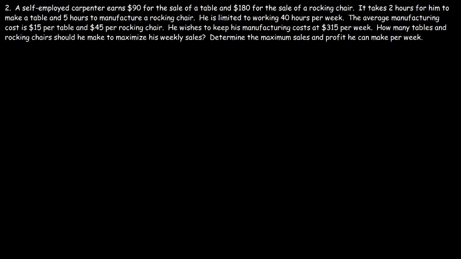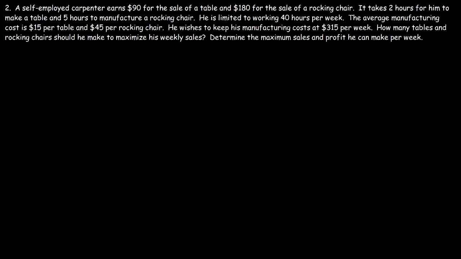The average manufacturing cost is $15 per table and $45 per rocking chair. He wishes to keep his manufacturing costs at $315 per week. How many tables and rocking chairs should he make to maximize his weekly sales? And also, determine the maximum sales and profit he can make per week.